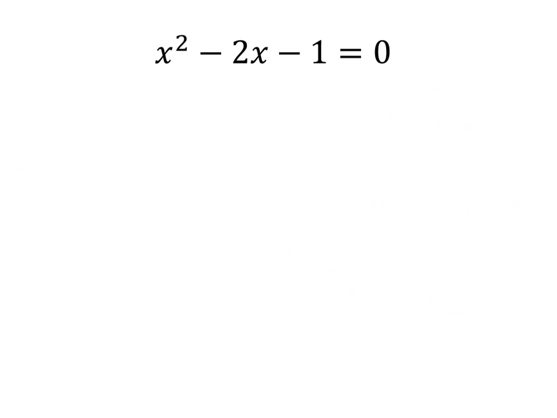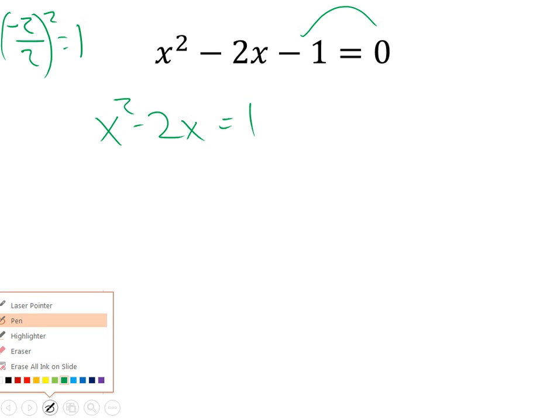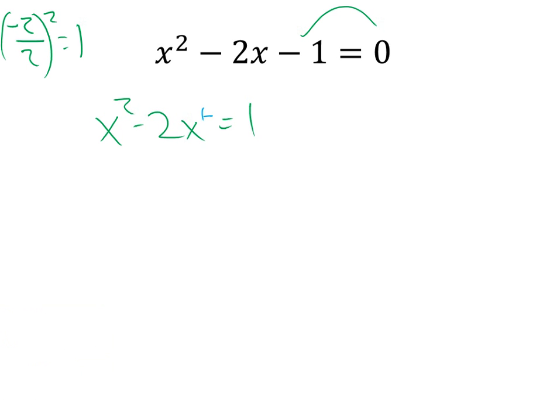Okay, so now let's look at this one. We're going to move the 1 to the other side, getting us x squared minus 2x equals 1. We're going to go negative 2 over 2 squared, which is your b over 2 squared, which gets us a 1. So now we are going to add 1 to both sides.